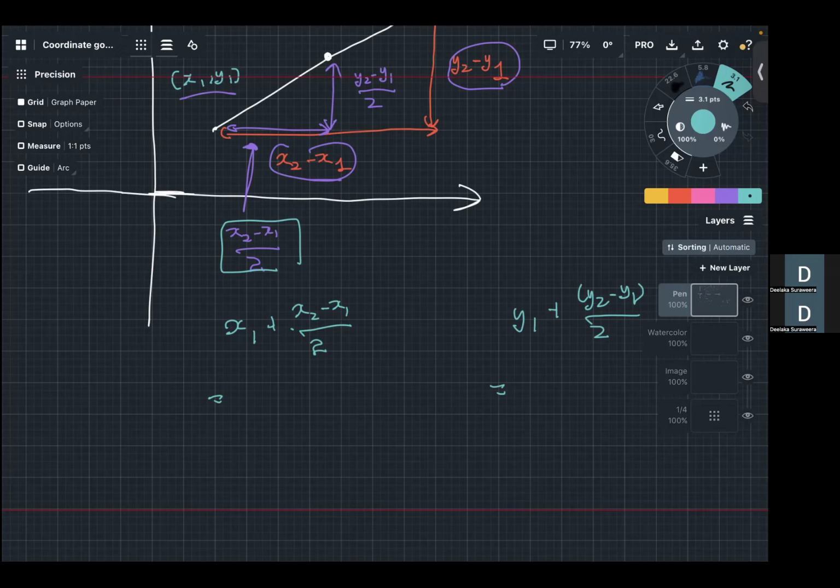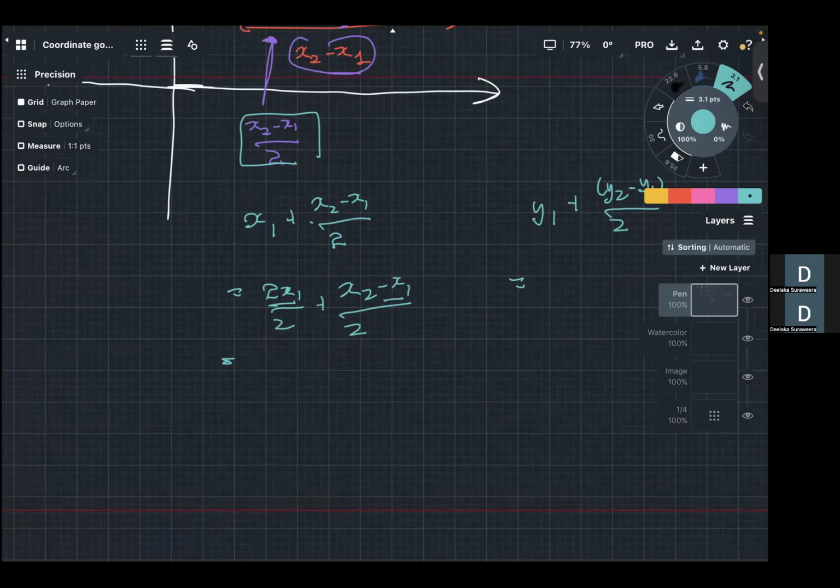How do you evaluate this? Remember, x1 and x2 you can't collect, they're completely different values, but the two x1s you can. Bring it over the same fraction. You have 2x1, then minus x1. 2 minus 1 is just 1, so x1 plus x2 over 2.